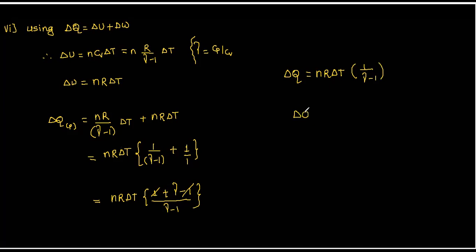So in this isobaric process, which is at constant pressure, I am getting this one. How are you getting it? This gamma is there, not 1. Gamma is left here, okay?